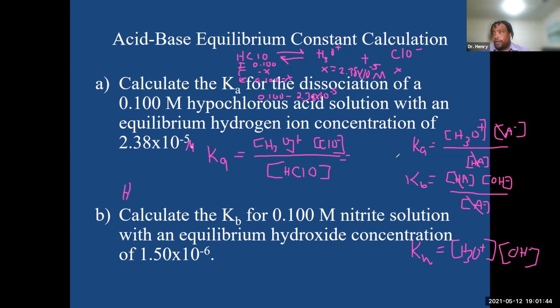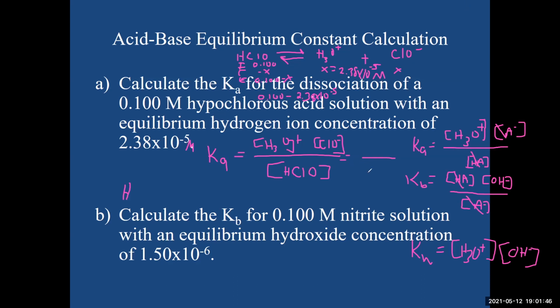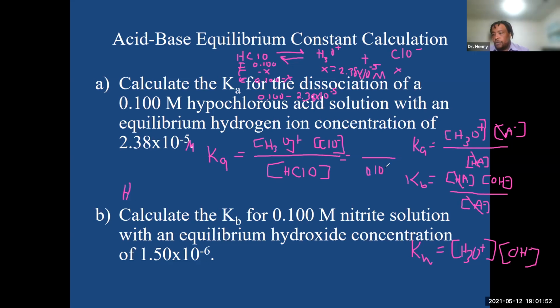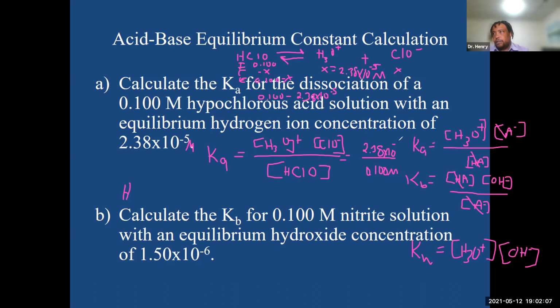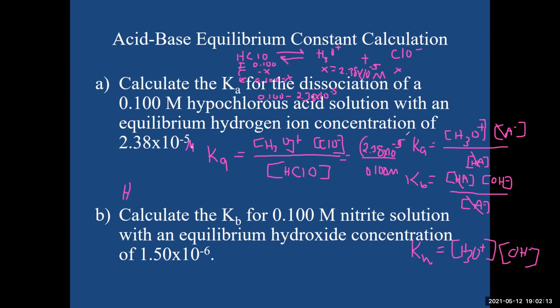So we'll basically get 0.100, if we go to 3 sig figs. We know that these guys are going to be the same, so then it's just going to be 2.38 times 10 to the minus 5 squared. I was going to say that you were just going to divide the two. Yeah.